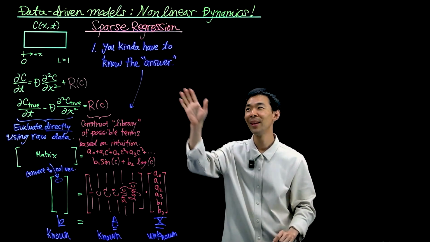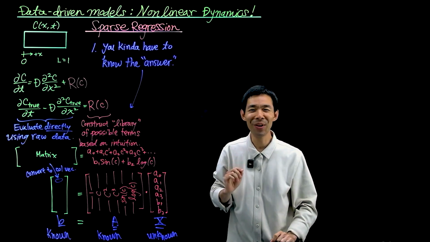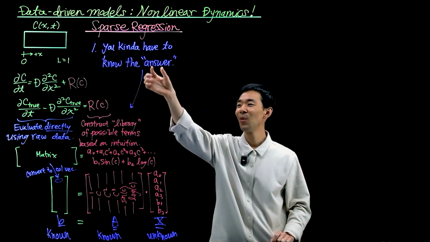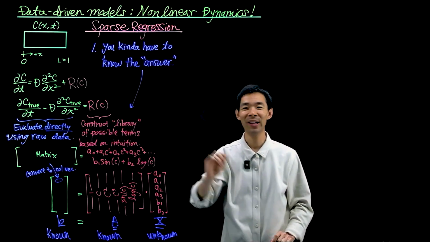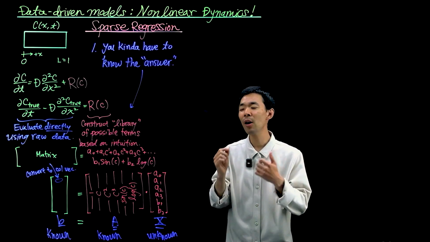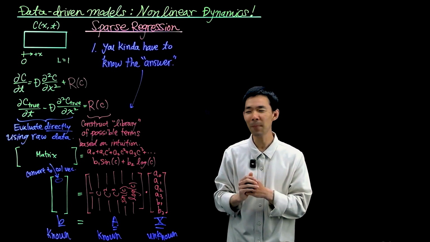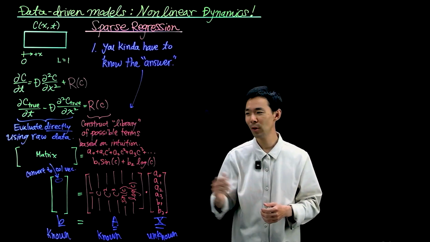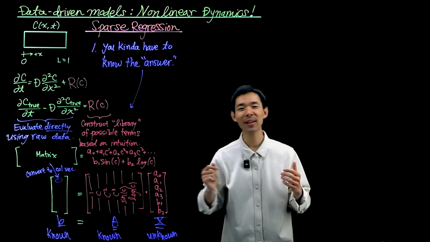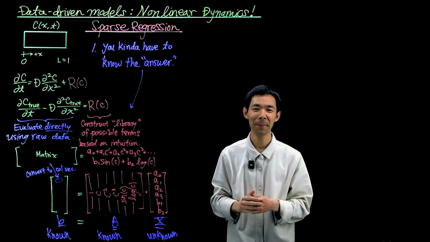Number one, you kind of have to know the answer. What do I mean by that? When you constructed your library of possible terms, we used our physical insight and said, it's probably going to be a polynomial, so I've included polynomials of degree 3 or 4, and maybe it has a sine or a log term in there.